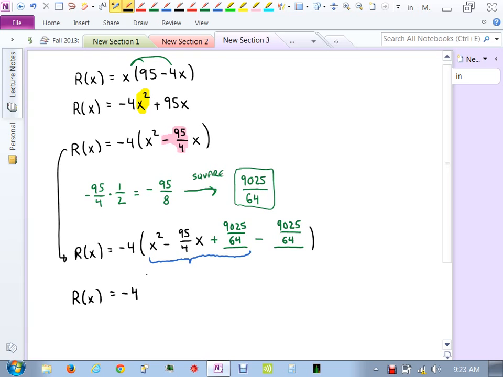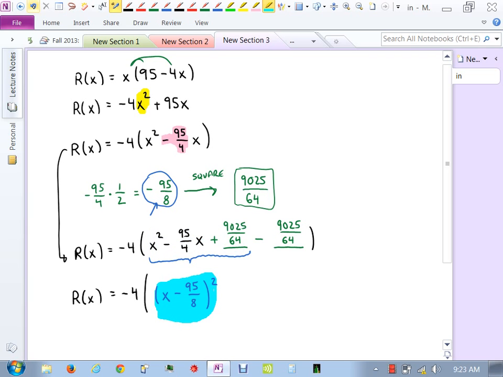Now watch the way I do this. I'm going to do a big set of parentheses. These 3 terms will factor to be x, and then this number here, always. So minus 95 over 8, and then squared. If you were to square this, which means you'd have to FOIL it, you would get back these 3 terms, and that is guaranteed.